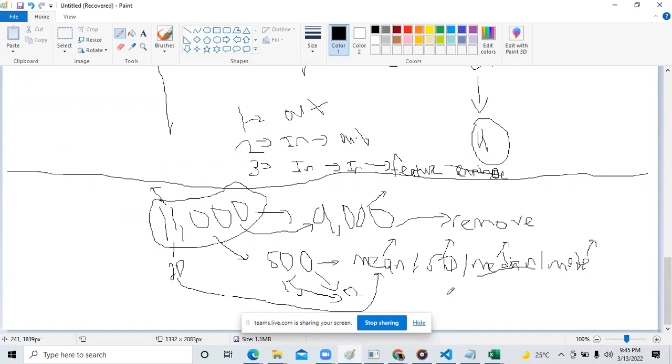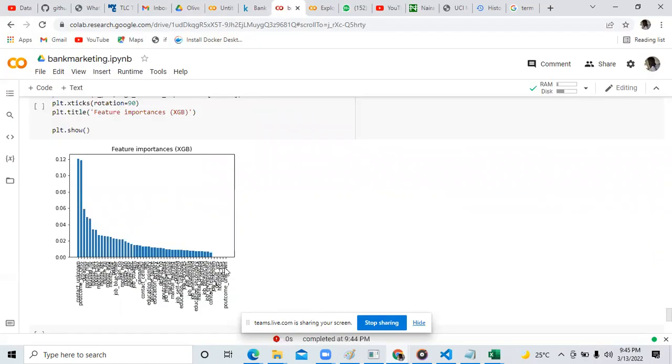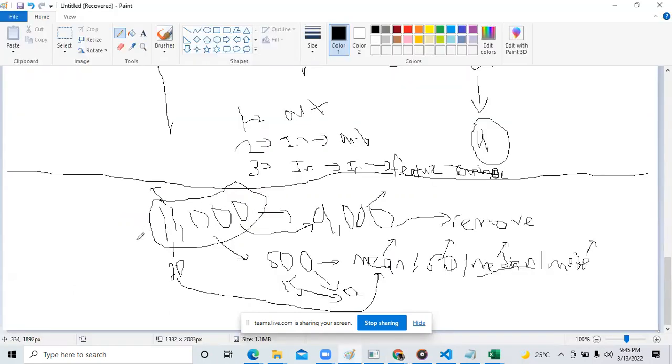But if the feature is not that important, what's the least important now? P outcome is the least important. If P outcome has 500 missing values, because it's not very important to me, I can decide to change the missing values to 0. Does it make sense?